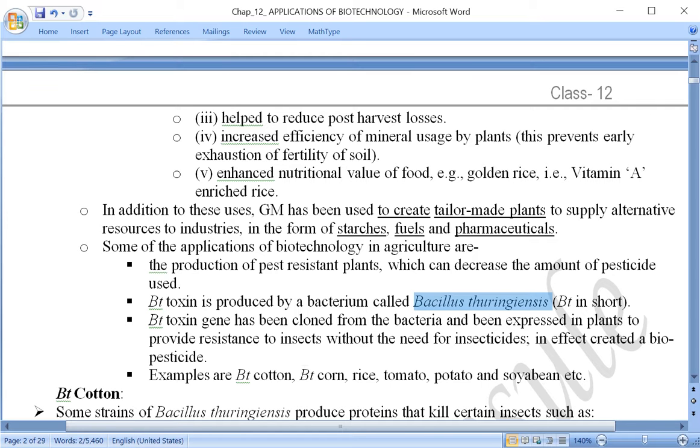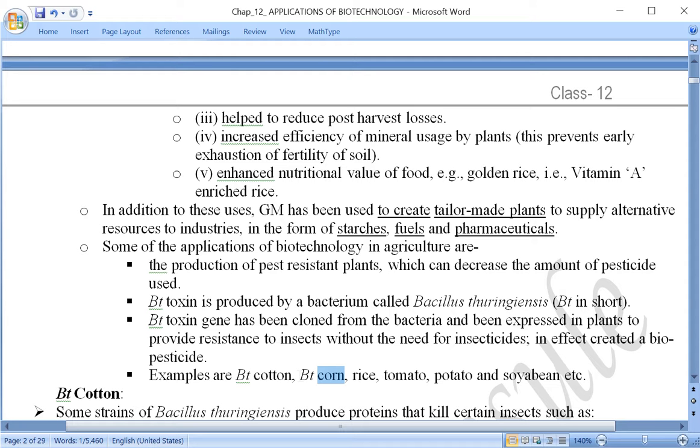Some other plant that has been inserted with this gene is Bt corn. Then some other plants like rice, tomato, potato and soybeans also have been inserted with the gene, and as a result, before the name of the crop comes the Bt, meaning the gene taken from Bacillus thuringiensis has been inserted into that plant, so that the plant itself is able to produce a particular insecticidal chemical, or otherwise let us say a toxin.